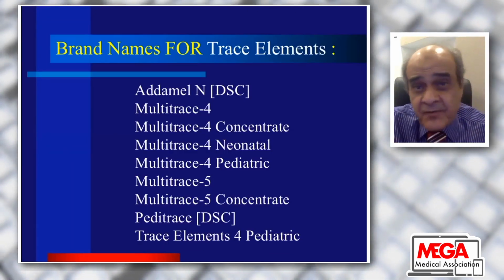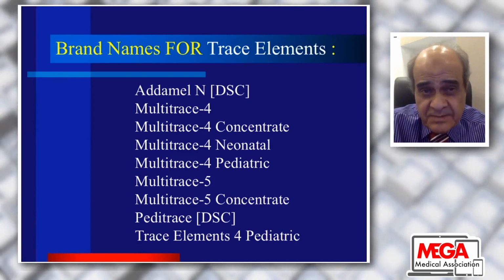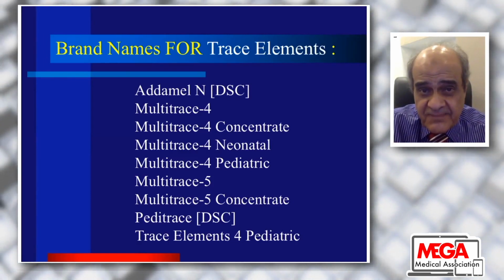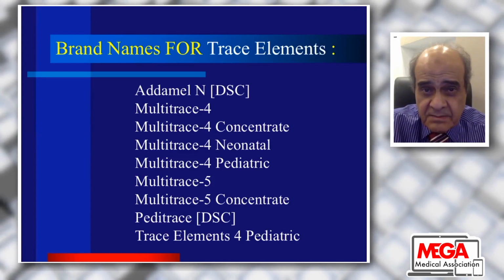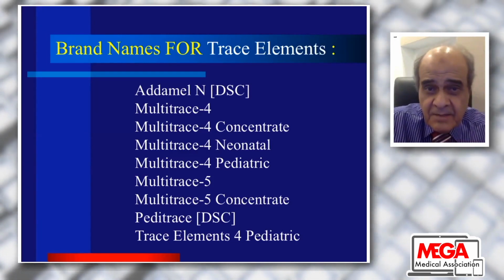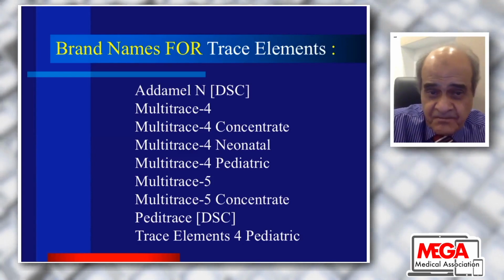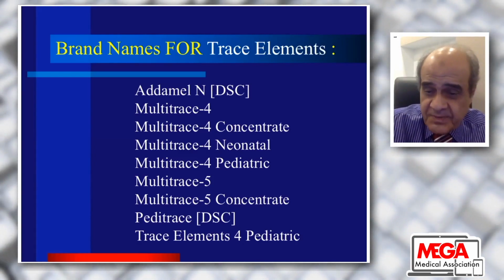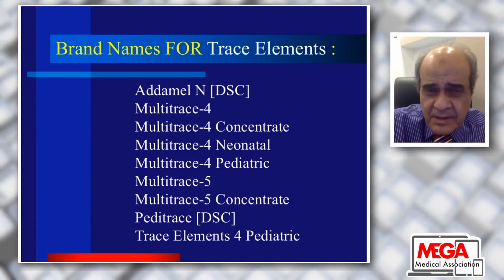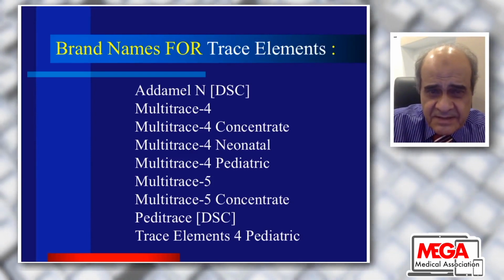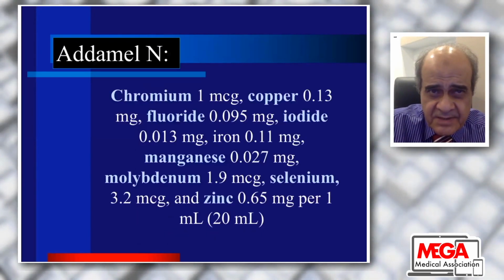Brand names for trace elements which may be available in the markets: Adamel, multitrace 4, multitrace 4 concentrate, multitrace 4 neonatal, multitrace 4 pediatric, multitrace 5 concentrate, and trace elements for pediatric. Many standard trace element concentrations are available in the market.